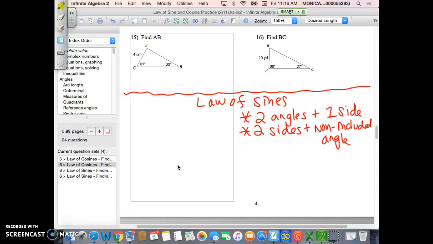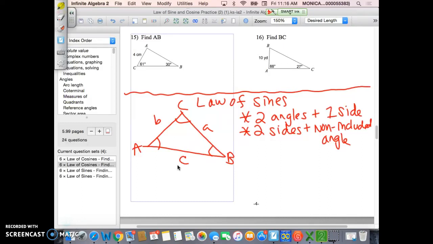So a picture of this is the same. We label our triangle again, A, C, B. One of the steps is to label little b, little c, and little a across from the respective angles.